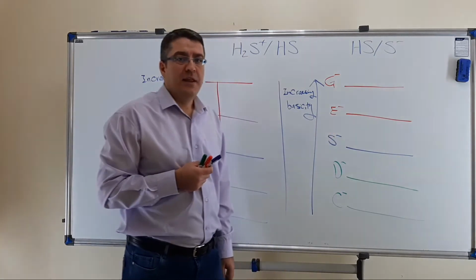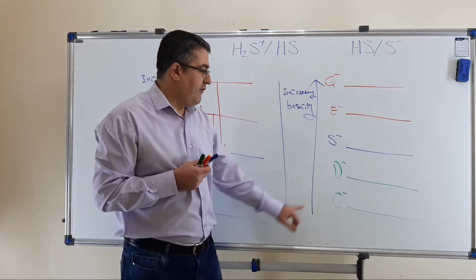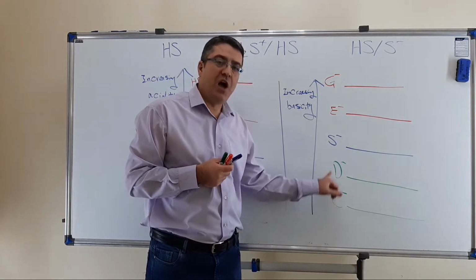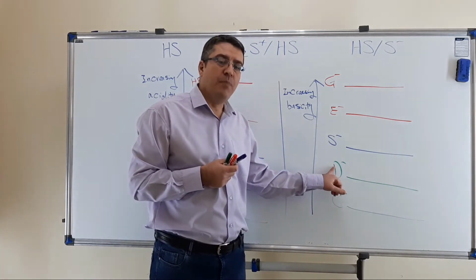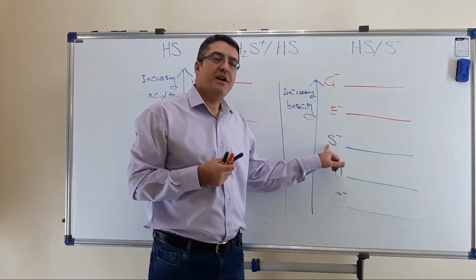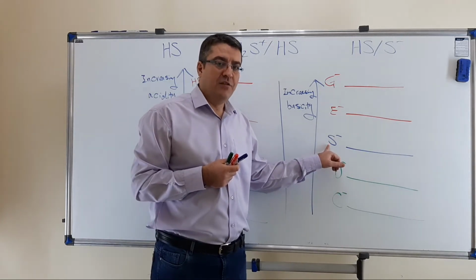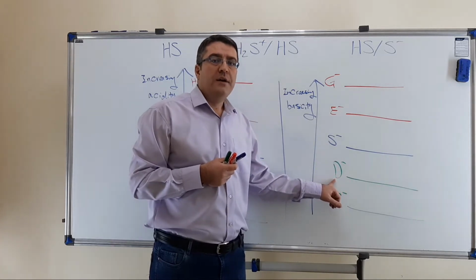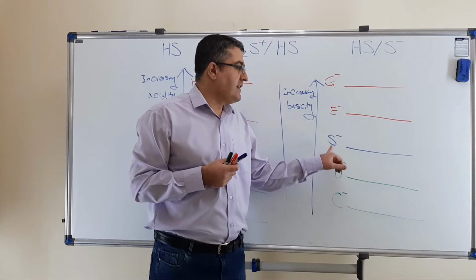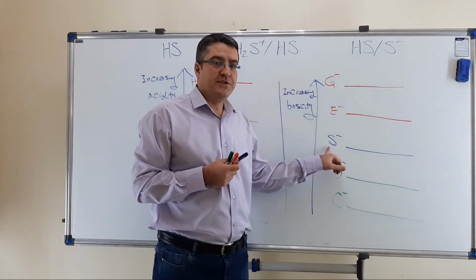On the other hand, the solvent HS will be a differentiating solvent for bases like C- and D-, which are weaker than the conjugate base of the solvent, which have lower Bronsted basicities than that of the lyate anion of the solvent.